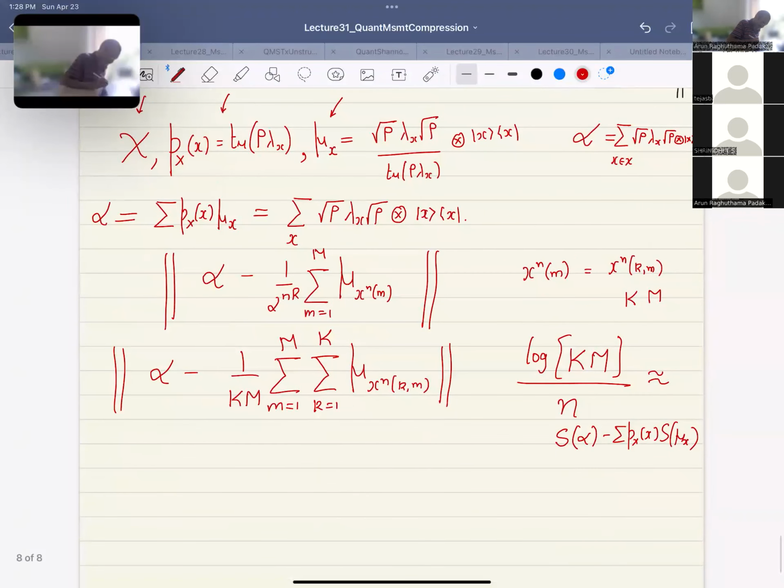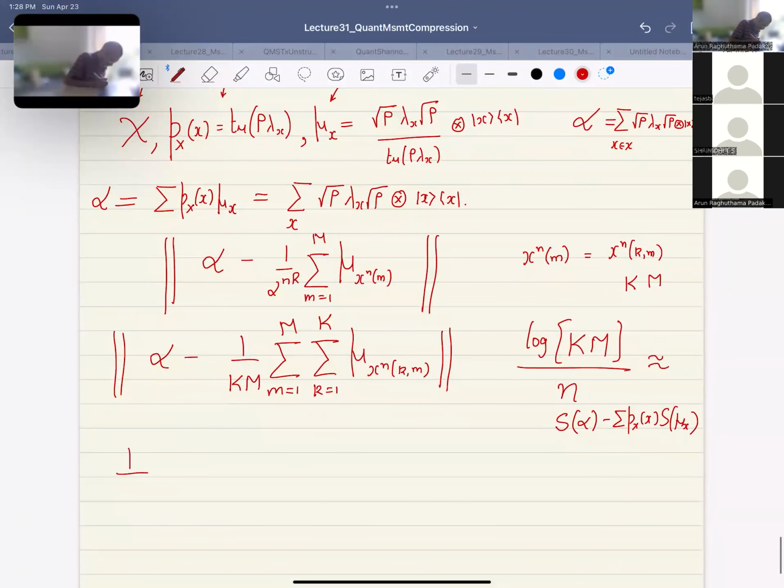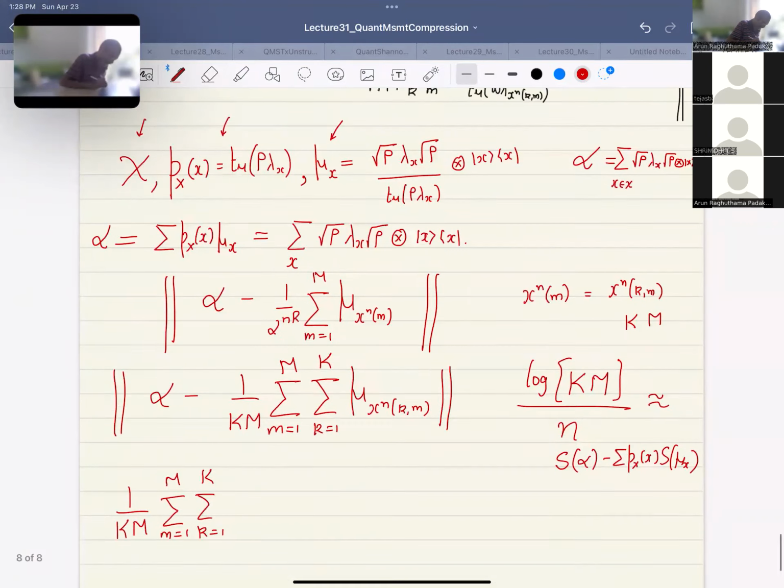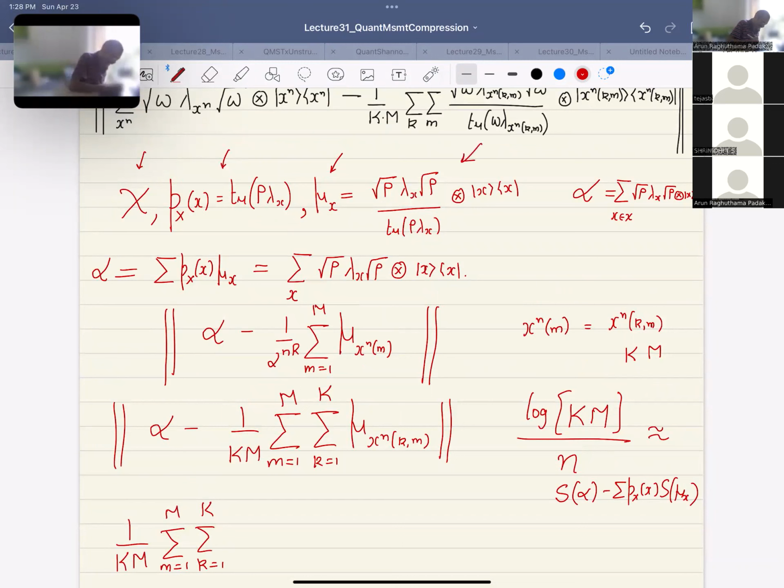What is mu_{x^n(k,m)}? Let's write it down. 1 by KM, sum over m equal to 1 through capital M, k equal to 1 through capital K. What is mu_{x^n}? Well, mu_x is sitting here. So it's essentially root rho lambda_{x^n(k,m)} root rho.